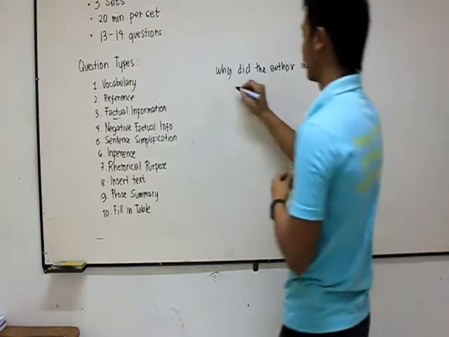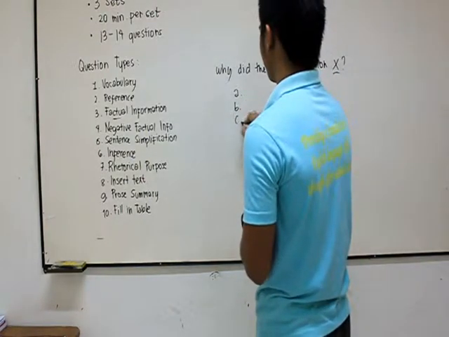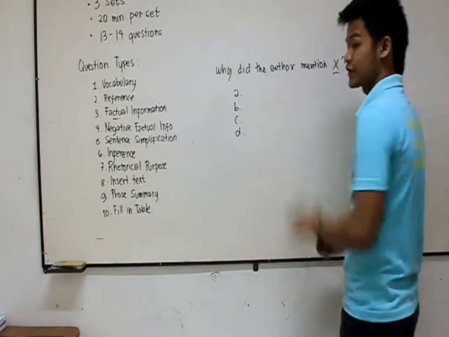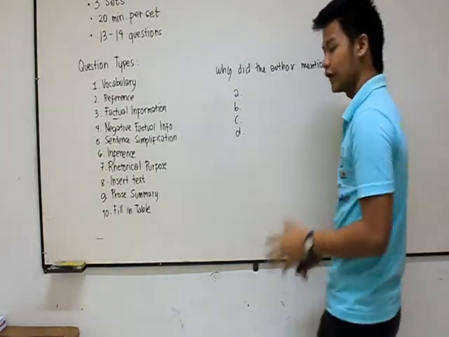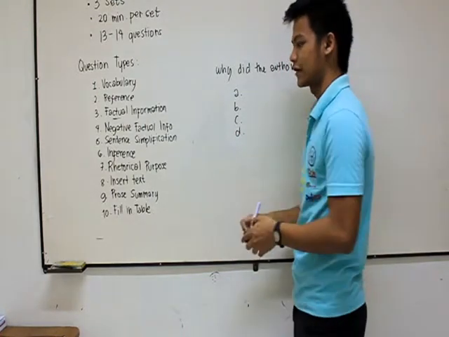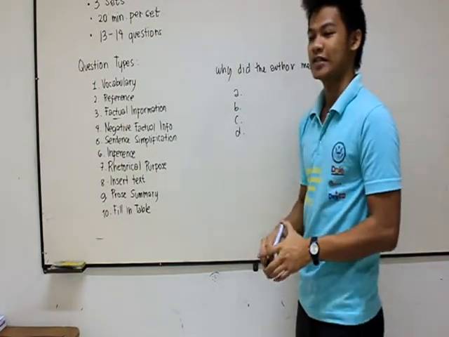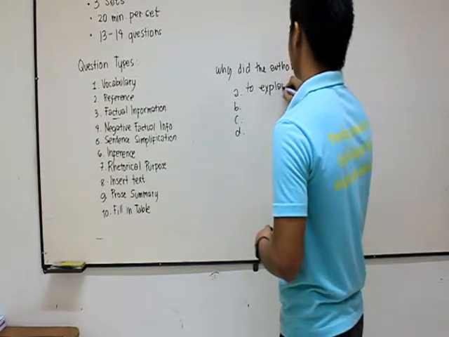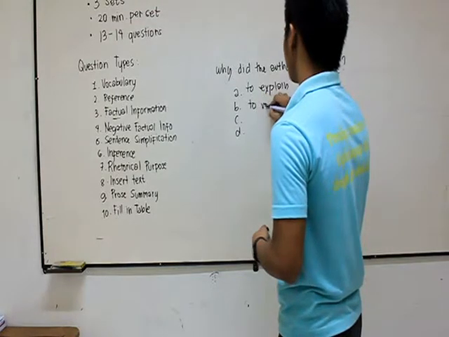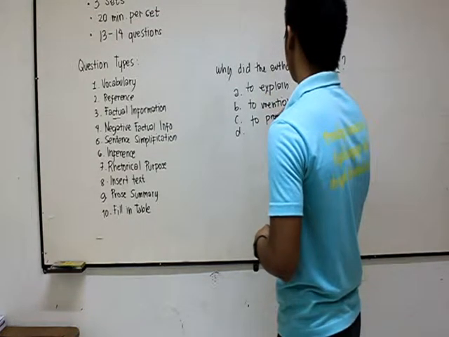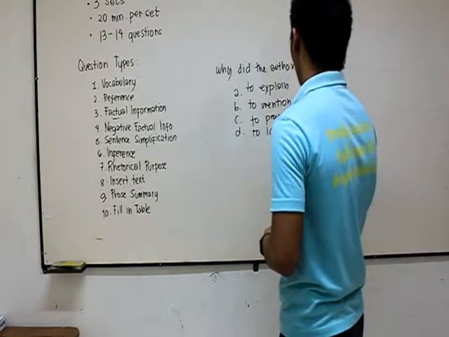Now you'll be given 4 choices, and the choices are a bit different. For you to know that it's a rhetorical purpose type of question, in the choices you'll be seeing verbs. For example, to explain, to mention, to prove, to identify. All are verbs.